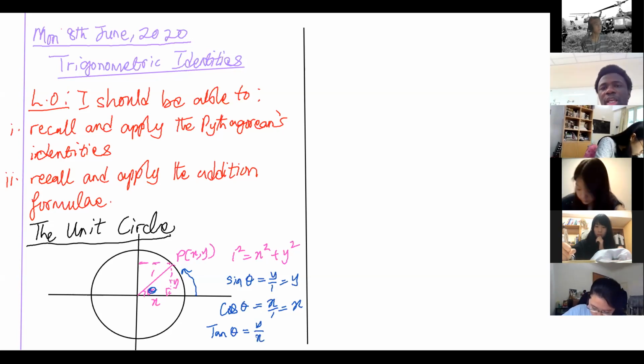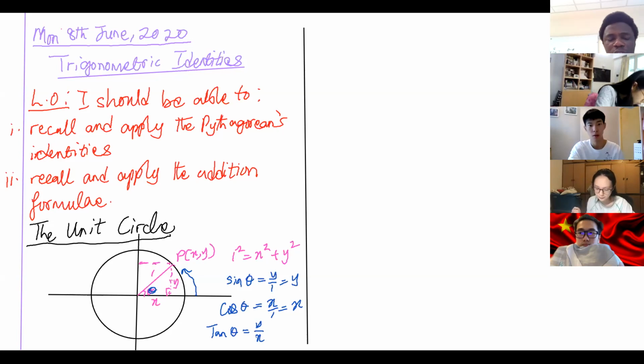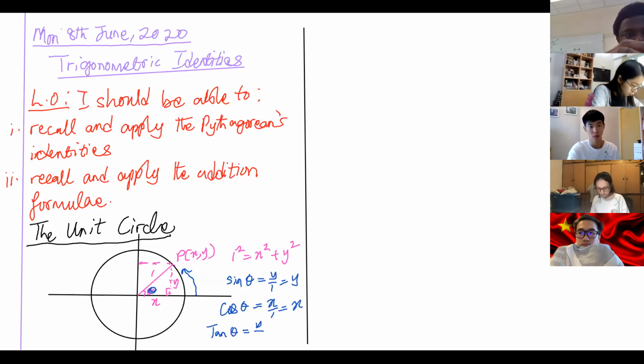So this will give us the first trig identity that we need today. Allow me to write that properly. Y over X. Okay, now you see that Y is actually sine and X is cos. What does this mean?